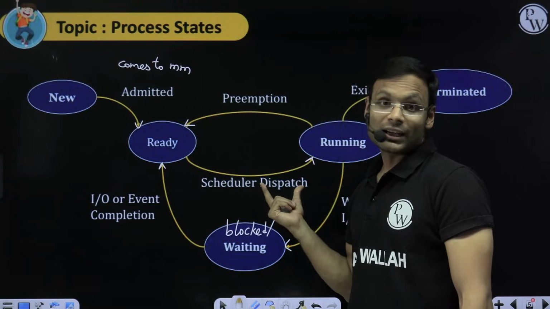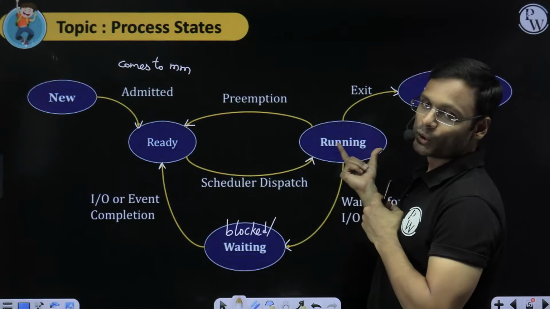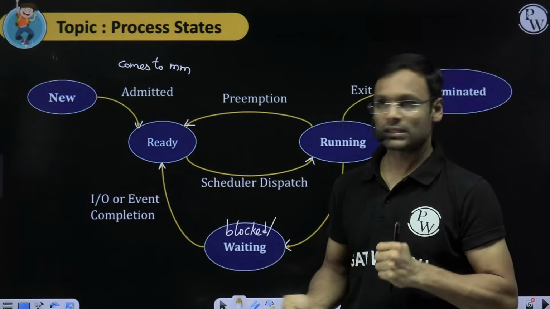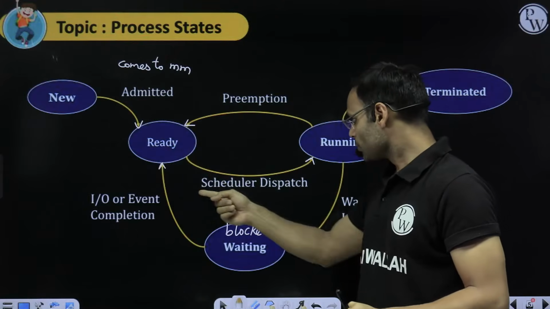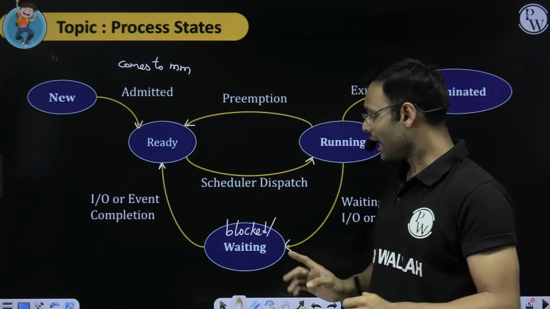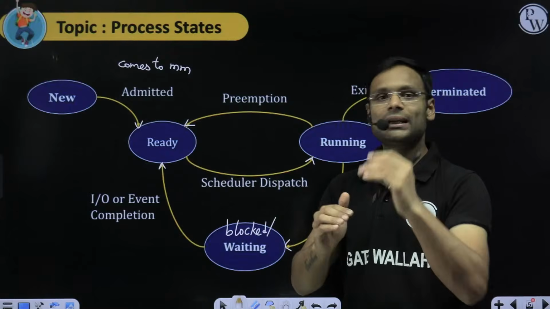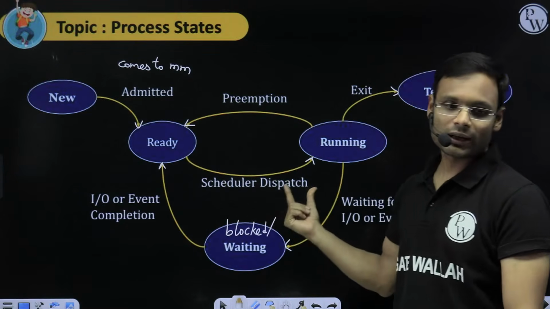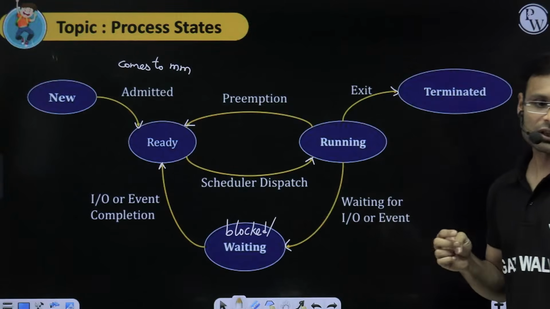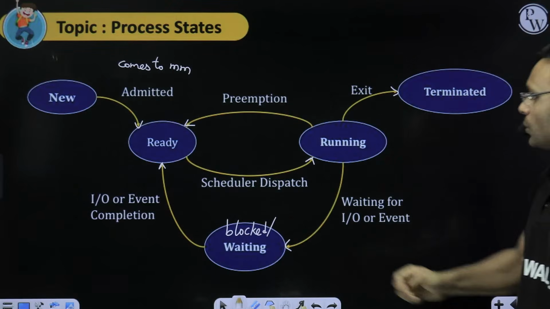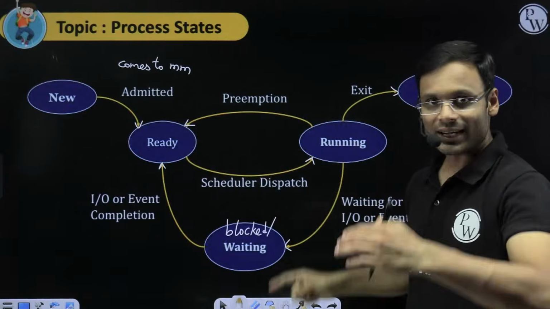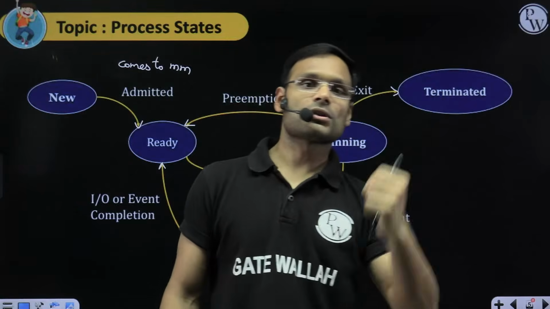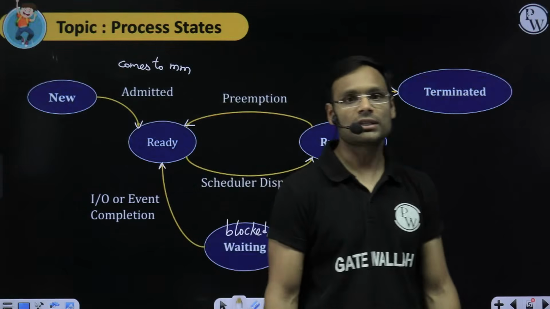The dispatcher will do the context switching, that's why the process reaches the running state. The scheduler will select the process. These two things you will understand today: what is the scheduler and what exactly is the dispatcher. I will explain, don't worry. So the ready to running transition happens when one of the ready processes is selected to run on CPU.